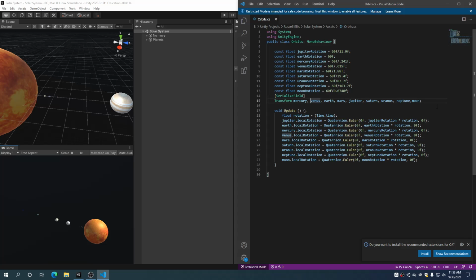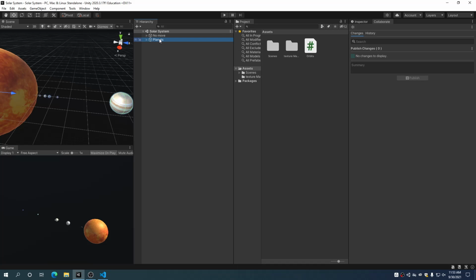And so I have these transforms, and these are in a planets object over here. The planets object has the orbits script attached to it, and that's what rotates the objects in it.